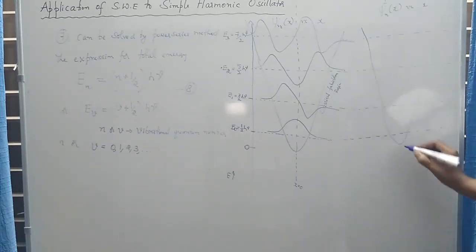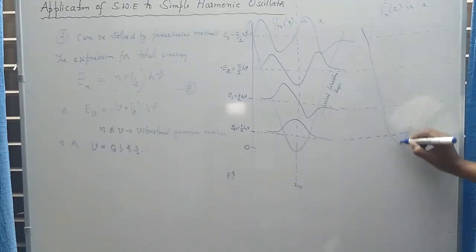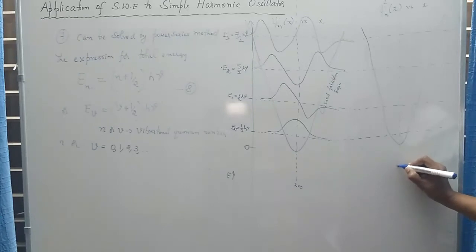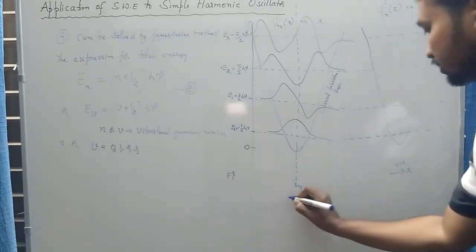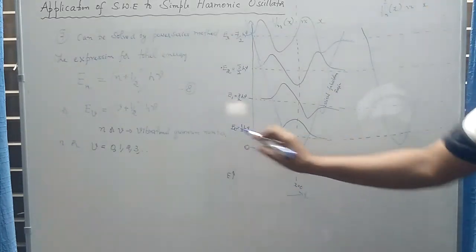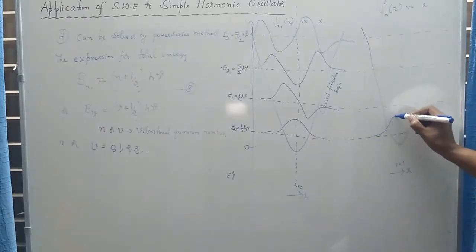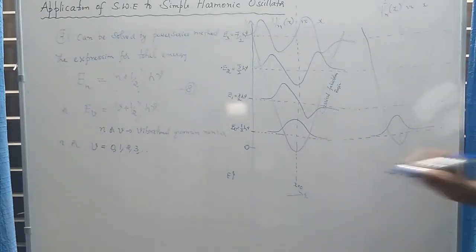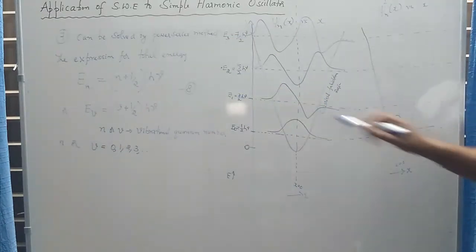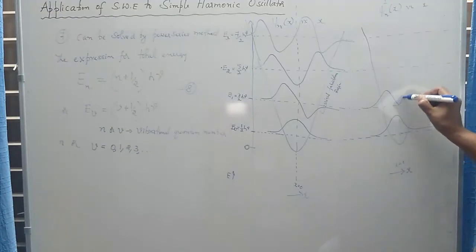Again this is the equilibrium position, x is equal to 0, this is x. So for the lowest energy, if I take this square, the graph is again something like this. For E1, if I take the square of this, something like this.